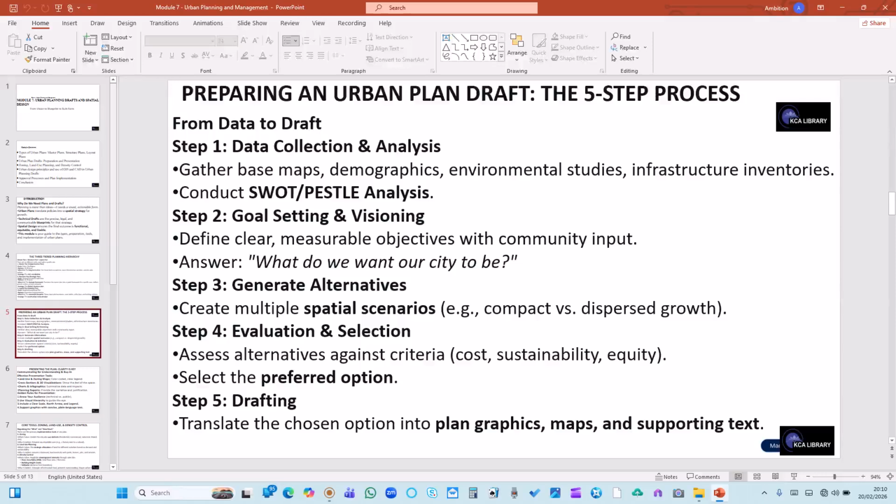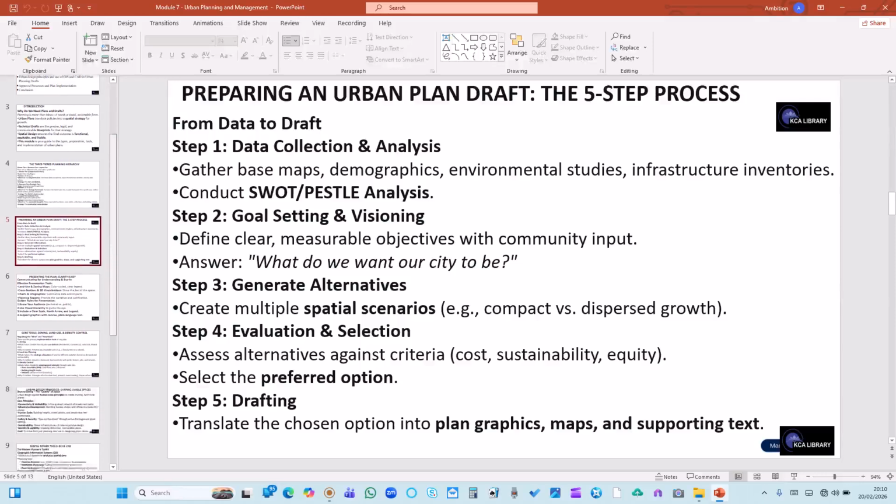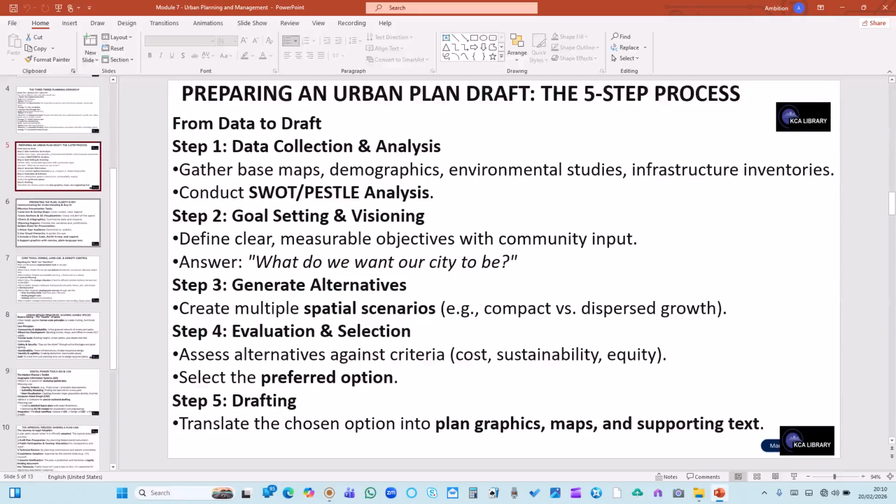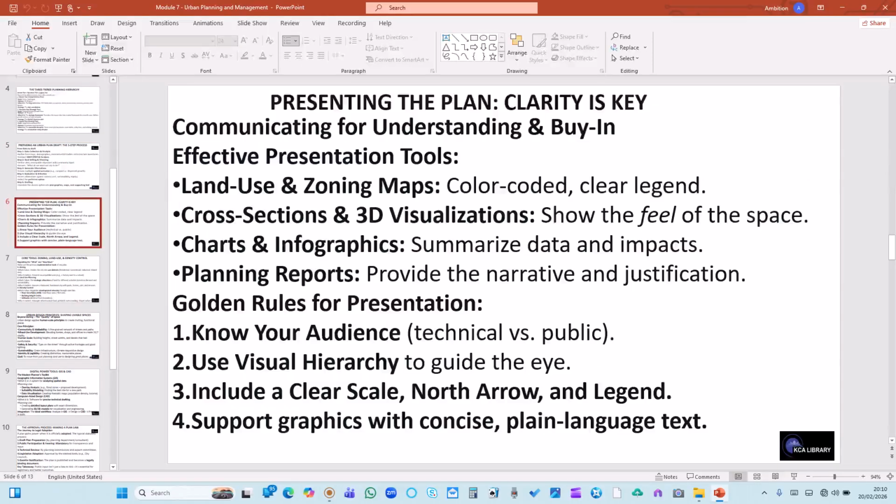So these are the stages involved in the planning process. Having done that, let us look at presenting the plan in a clarity form, which involves communicating your understanding and buy-in through effective presentation tools. Some of the tools used are: one, land use and zoning map, which entails a color-coded, clear legend.